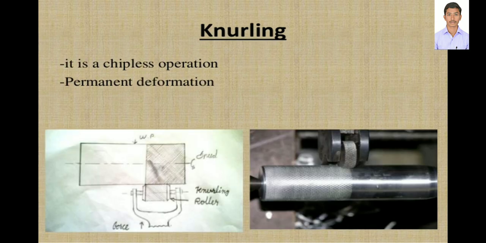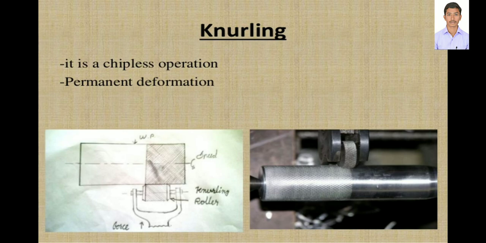And the knurling operation, it is a chipless operation with permanent deformation occurring in the workpiece on the lathe machine. In knurling, the knurling tool bit is very important to develop the knurling shape on the workpiece.